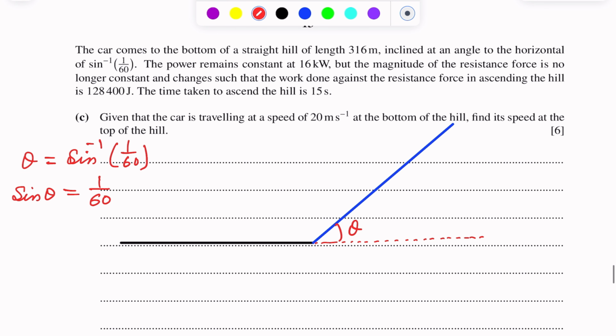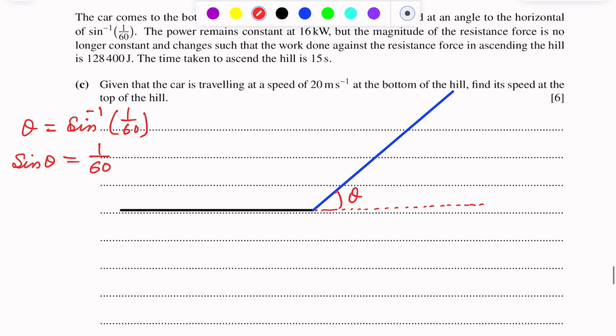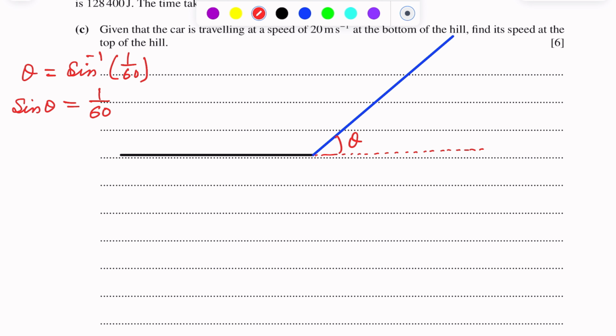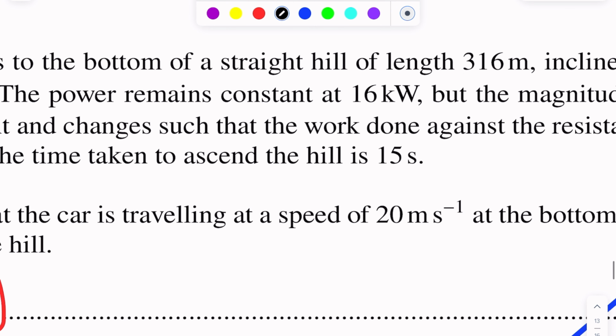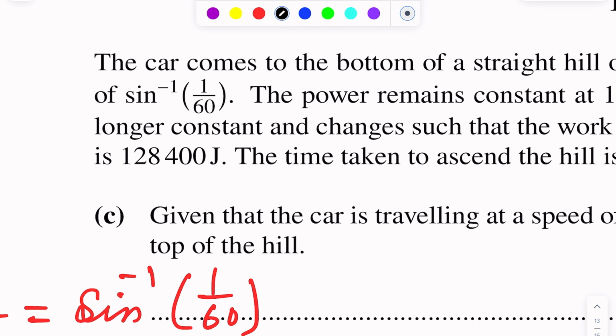Now we will use the data given: power is 16 kilowatt. We convert it into watt, 16,000 watt. This is the power of the car's engine. Now work against the friction is also given.